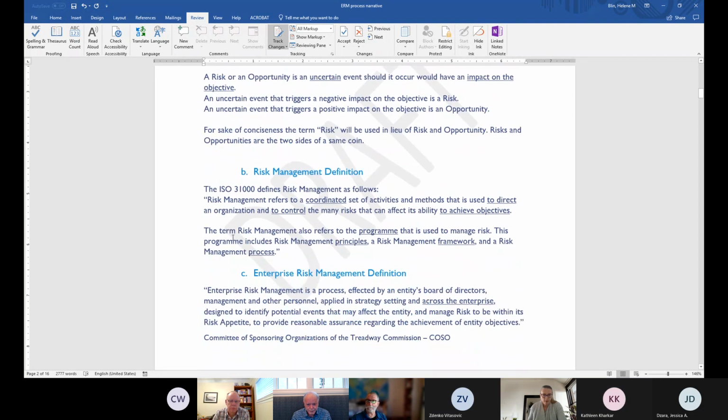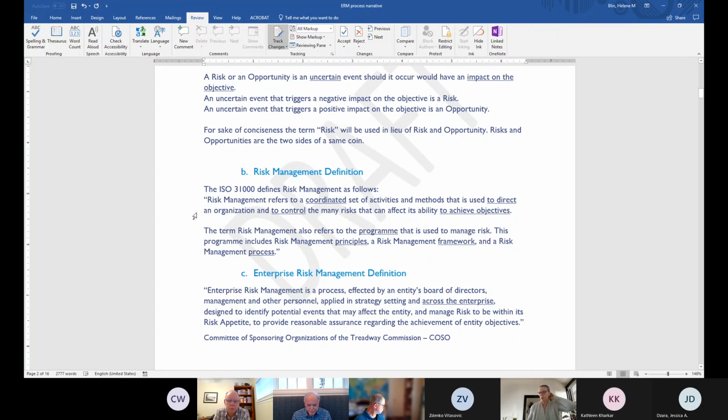Okay. All right. Risk management definition. Here I have really stuck to what the ISO 31000 states, which is the guiding principle for risk management and enterprise risk management. So risk management refers to a coordinated set of activities.